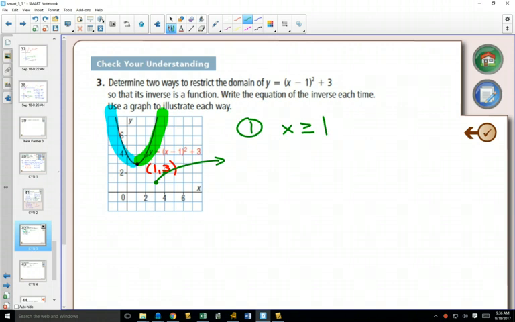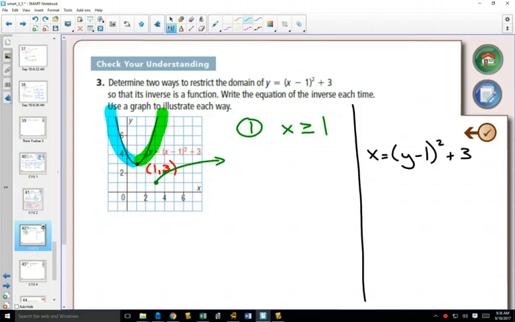What would the equation of that inverse be? Well, I'm going to do some work here to the side to show you. Remember, we find an inverse algebraically by switching x and y. So if I switch the x and the y to start off with, I would get this. Move the 3 over, square root both sides, and remember the plus or minus.